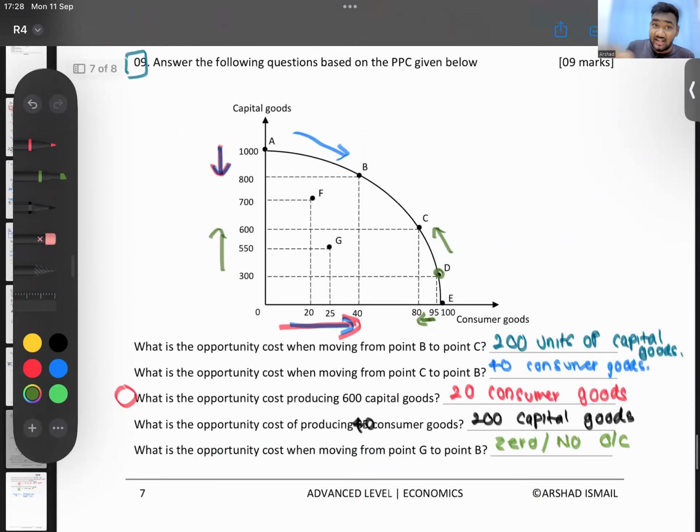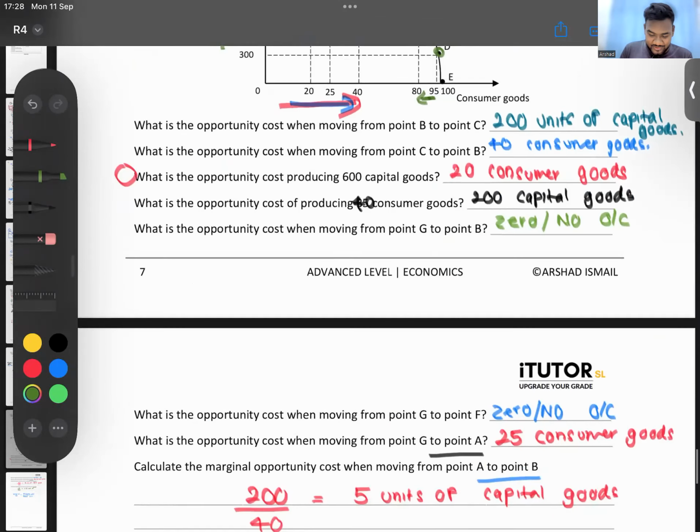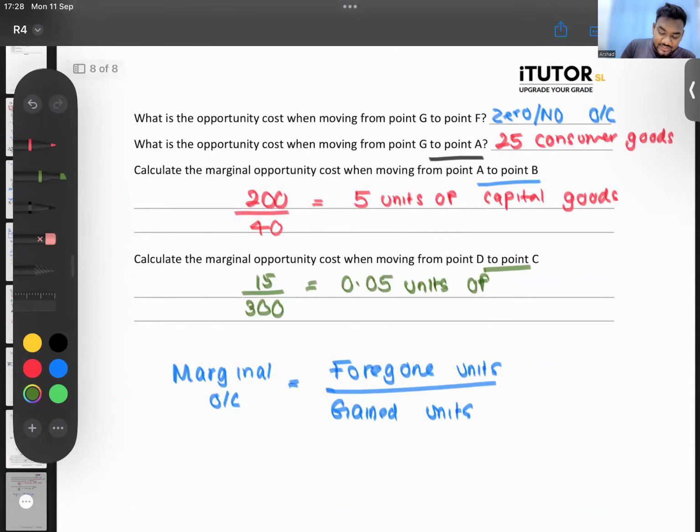What are you giving up? You're giving up consumer goods. So 0.05 units of consumer goods. Is that okay? Safe? Fine.